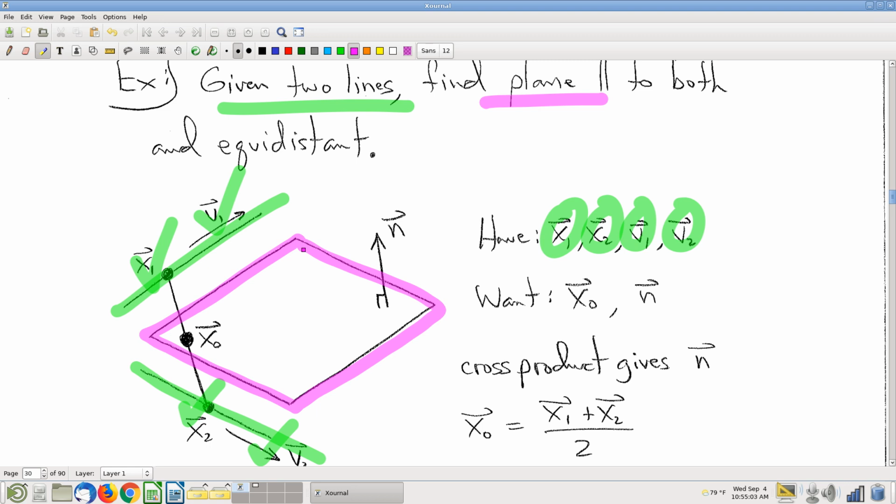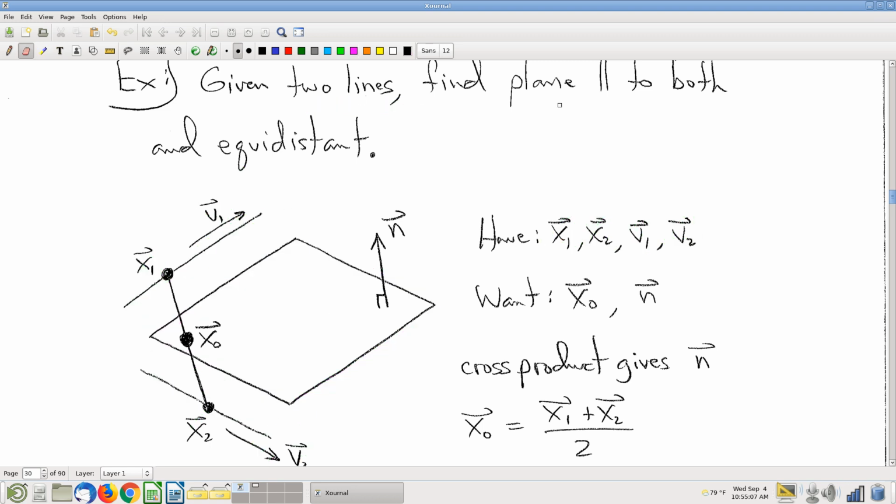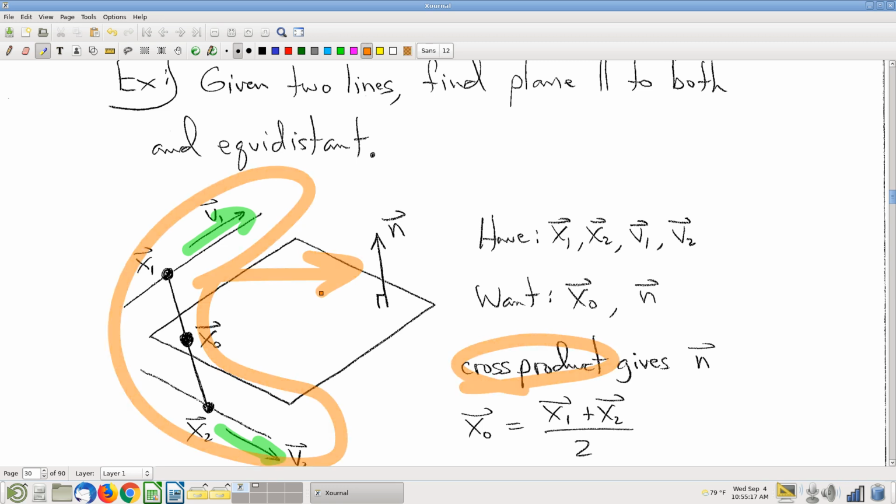Now, I think it's a pretty easy argument that if you take the cross product of those two direction vectors, it will give you the normal vector perpendicular to the plane that we want. So again, it's a matter of looking at the picture and thinking through: parallel to this, perpendicular to that.